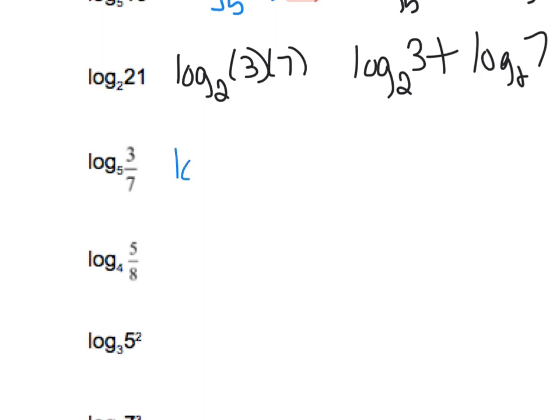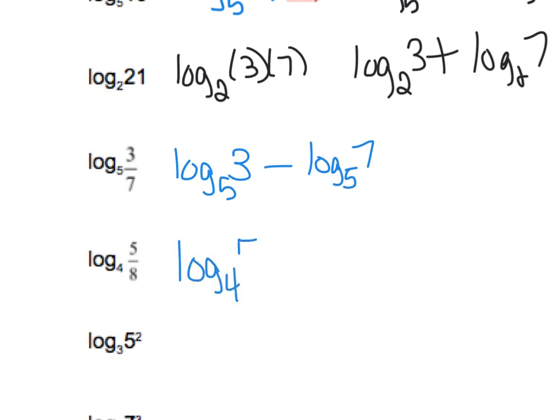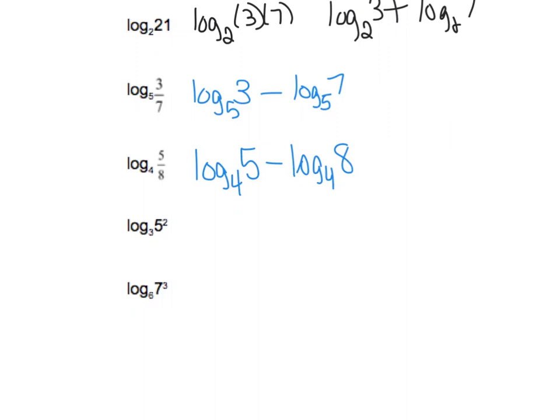So we would have log base 5 of 3 minus log base 5 of 7. Similarly, down here on the next one, log base 4 of 5/8 could be rewritten as log base 4 of 5 minus log base 4 of 8. Okay, so that's practicing that quotient property.